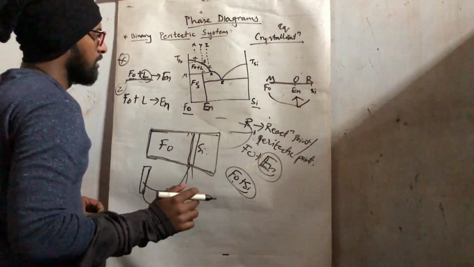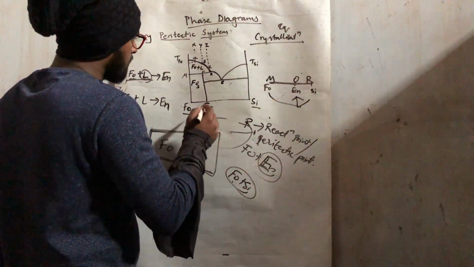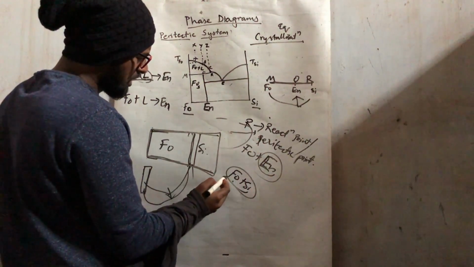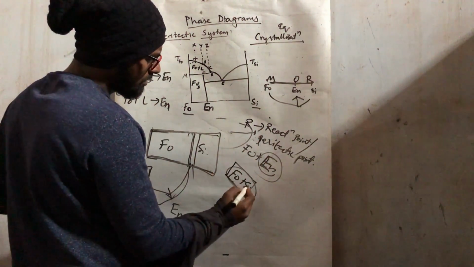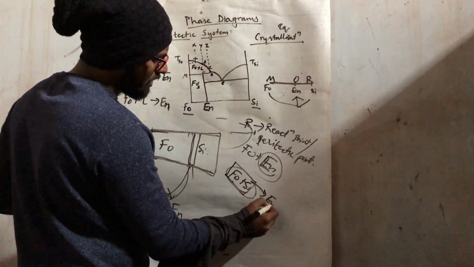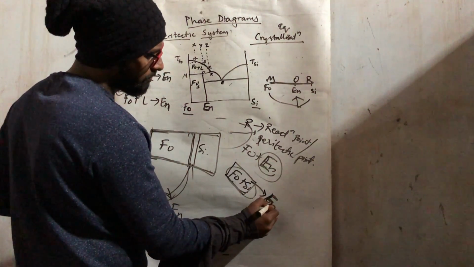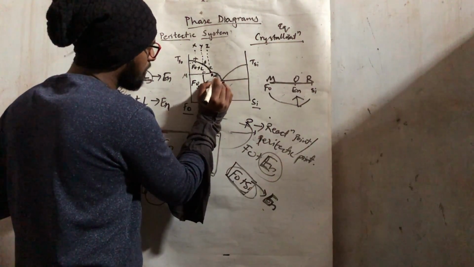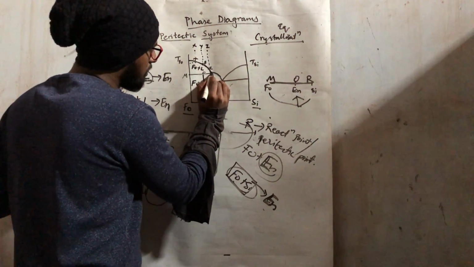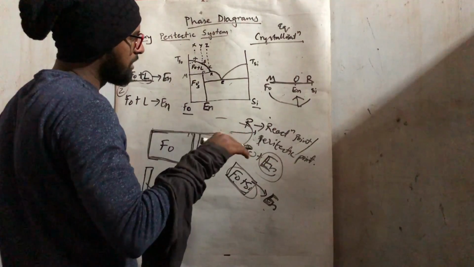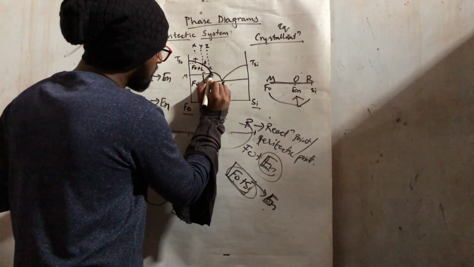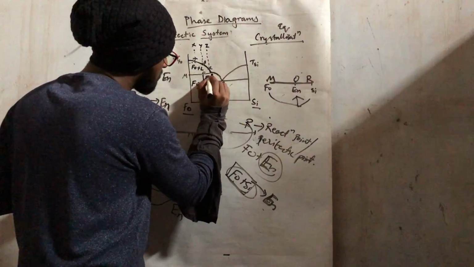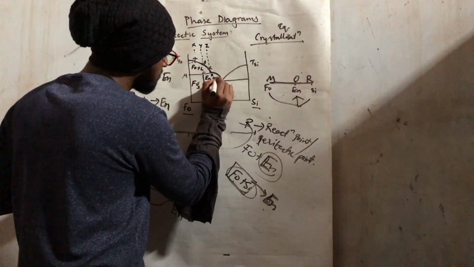Therefore, at this point, the total forsterite and silica are converted and behave as the enstatite liquid. After this line, we will only have enstatite liquid, so the liquid will behave as the melt of enstatite. So the enstatite will keep crystallizing here, and this field will be enstatite plus liquid.